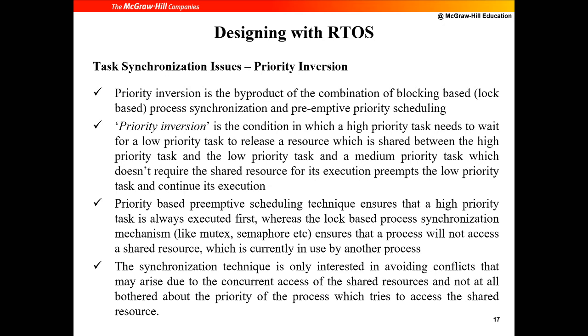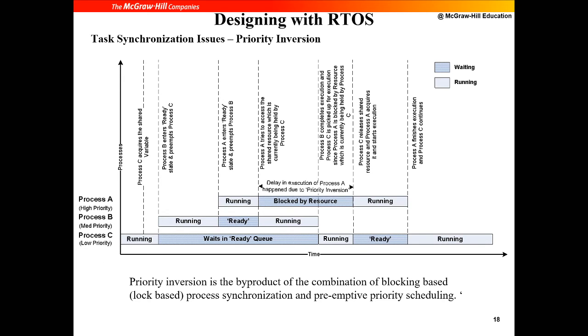The next concept is priority inversion. In priority inversion, a lower priority job somehow gets a higher priority. Let us take three processes, A, B and C. C has the lowest priority, B has medium priority, and A has the highest priority.